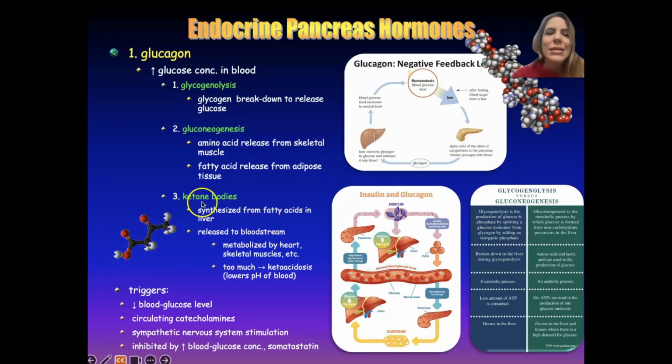Well, when these ketones are produced and released into the bloodstream, they're going to start building up, and they can be metabolized by the heart and by skeletal muscle, things like that. And that is going to be a fuel source. However, as these ketones increase in concentration in the blood, it's going to lead to a lowering of pH in the blood. So you don't want too much ketones in your blood.